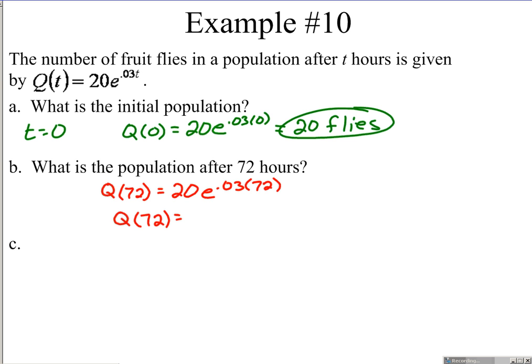And now think about how we need to round here. Our rounding is talking about a population of flies, so where does it make sense to round to? A whole number, because we can't have a fractional part of a fly. About 173 flies after 72 hours.